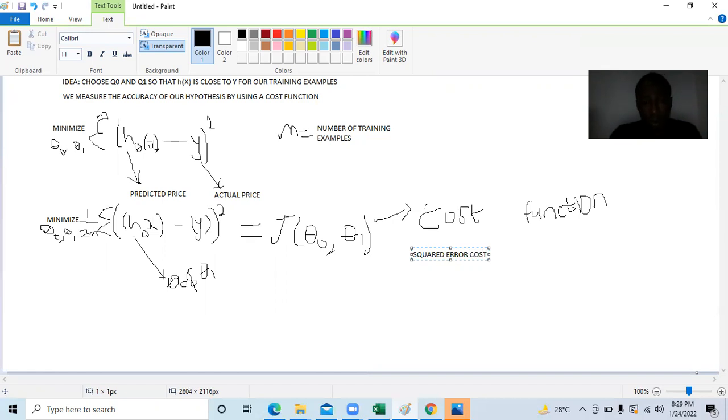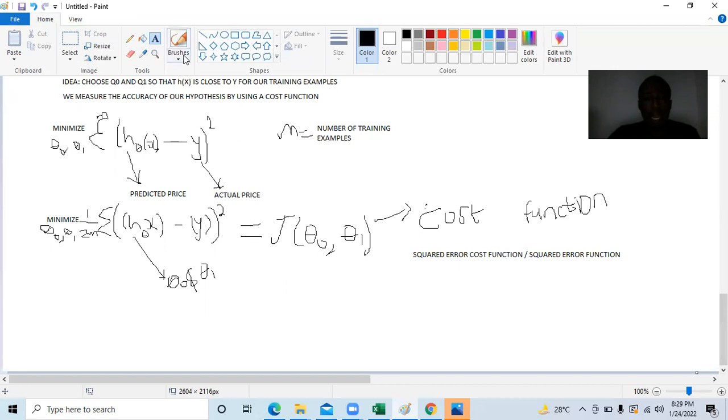There are other types of cost function, but we use this one to explain machine learning to beginners. This is called squared error cost function, or sometimes you can see it as squared error function. In some other courses, you can see it as squared error function. Just remember that it's all one and the same. Cost function is cost function.